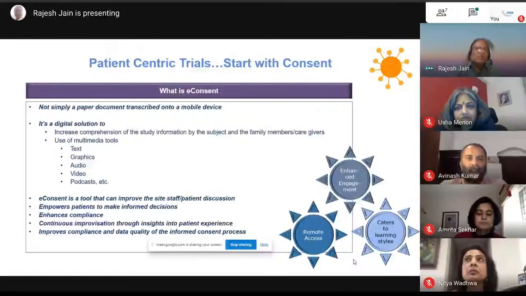Of course, as you have already seen, when you adopt multimedia or transmedia technologies, it helps you adapt to the learning styles of that particular geography, community, or country, wherever you are going to conduct the consent. So that's another big advantage of e-consent technology.